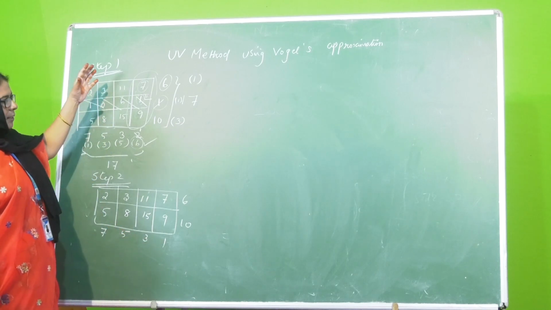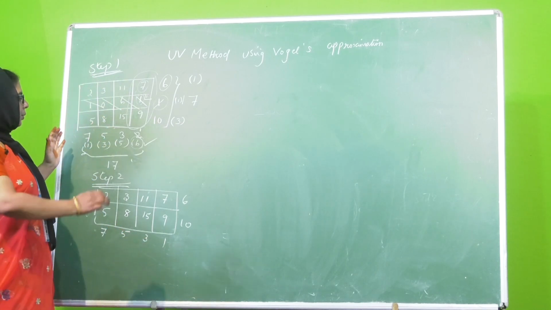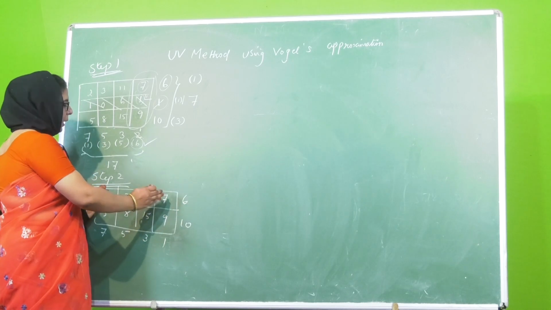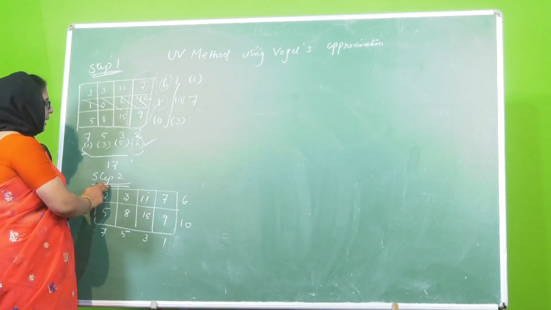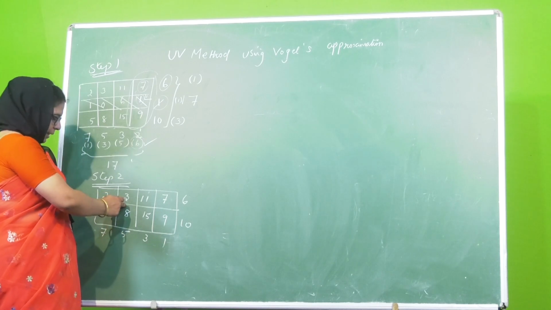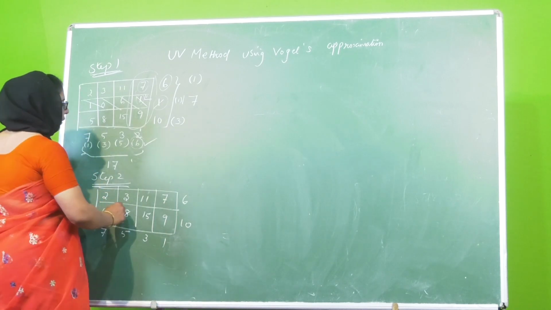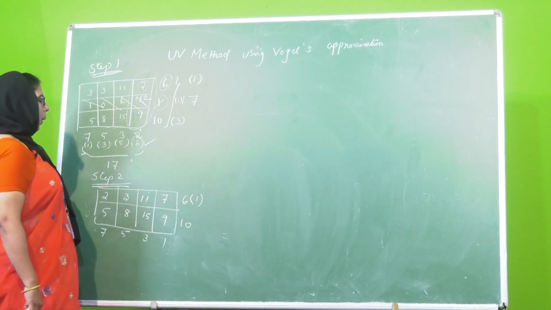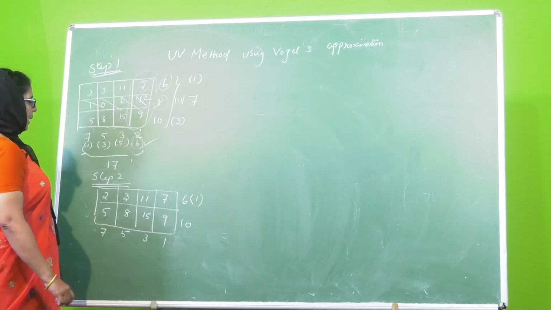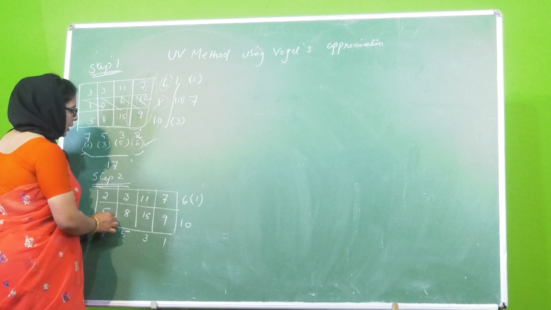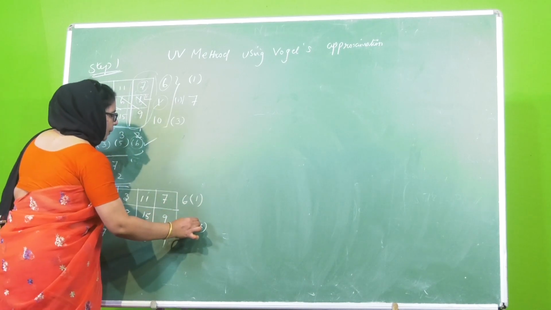Likewise, as in step 1, you have to find the difference between the least element and the next least element. The least element is 2 and the next least element is 3, so the difference is 1. The least element is 5 and the next least element is 8, so the difference is 3.